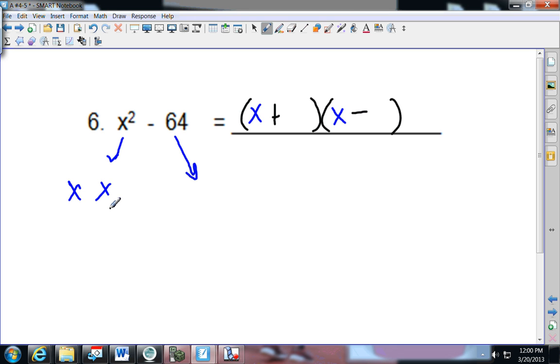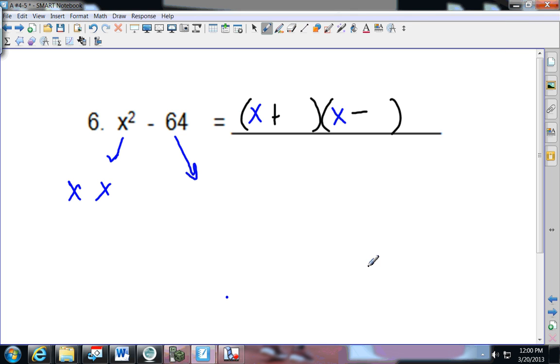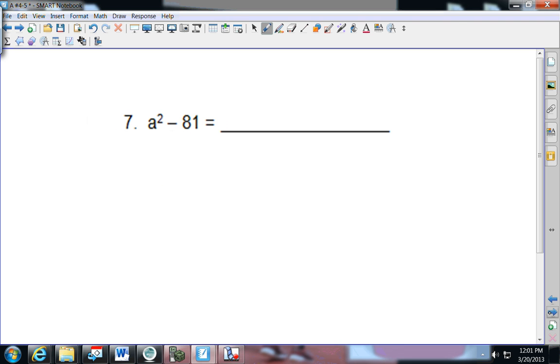Well, if you don't know the square root, or if you don't know what multiplies together to give you 64, you can also go find the square root, second x squared, put in 64, and press enter. It's 8. 8 times 8. So I'll have plus 8 and minus 8. That's all you have to do on these. Number 7.